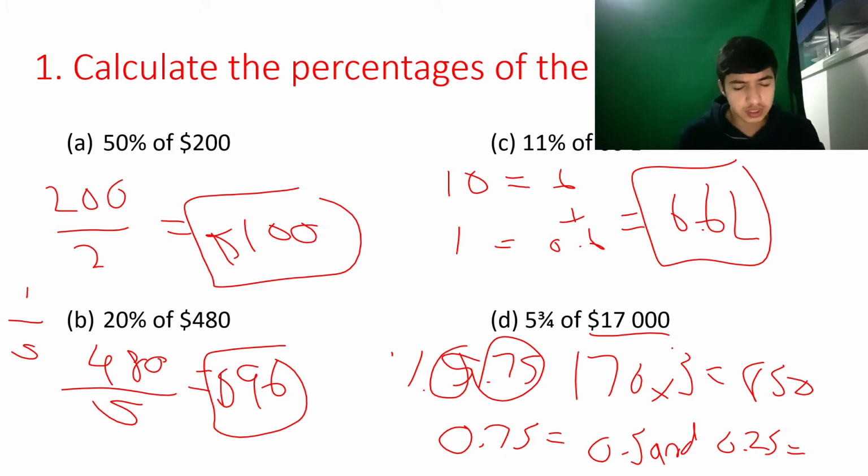So half of that would be $85. All right, so we have $85 plus what's the half of $85? We have to find the half of this one. So what's the half of 85? It would be 42.5. So you add 85 and 42.5, and now we have 127.5.